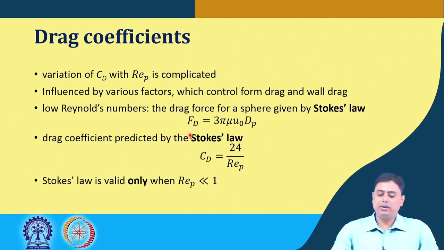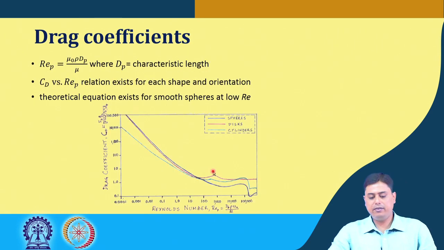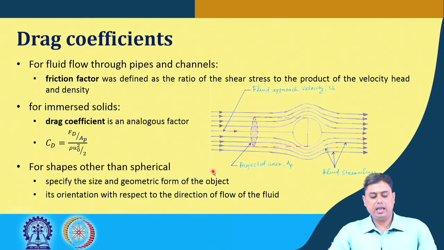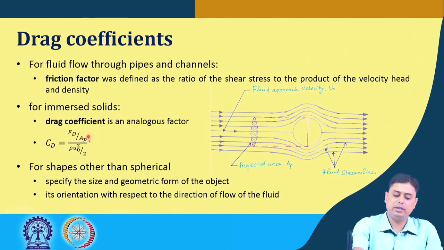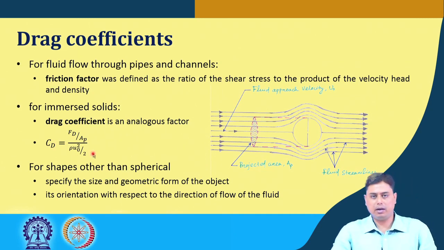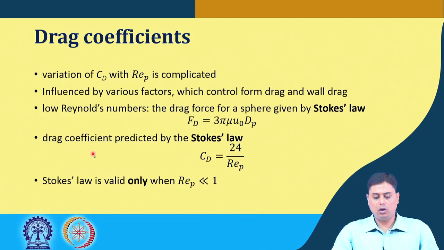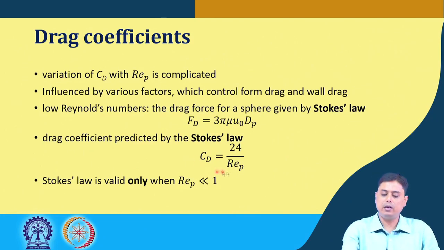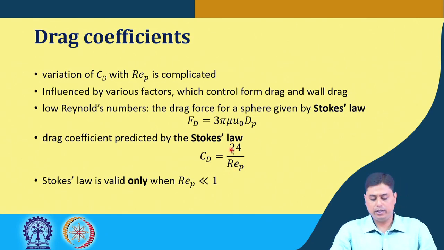By this relation and the previous definition of CD, if we replace this FD value and this AP value for the sphere, we can calculate the CD for a spherical particle. Stokes law gives the CD value for a spherical particle as 24 by REP.